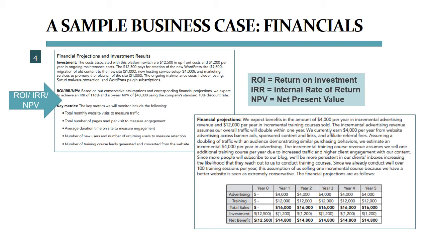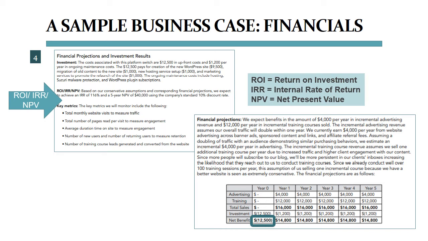A project like this would perhaps take about 12 to 20 weeks to complete. Here you see the year zero investment is $12,500, which is in parentheses to indicate cash outflow. So in year zero, we are losing $12,500.